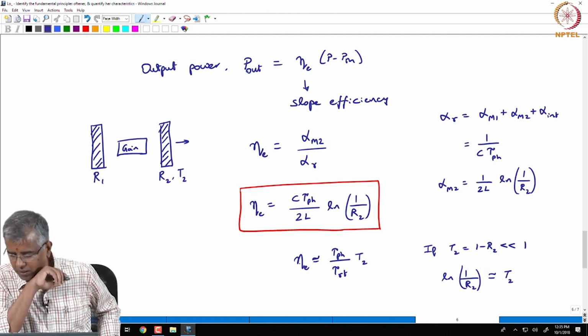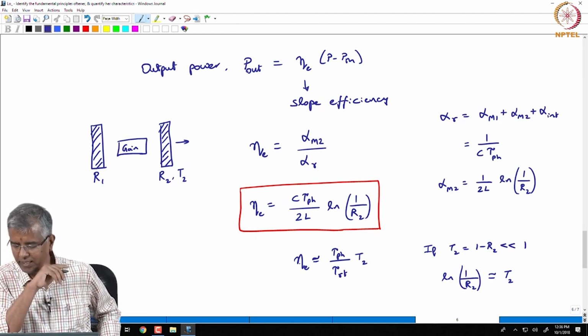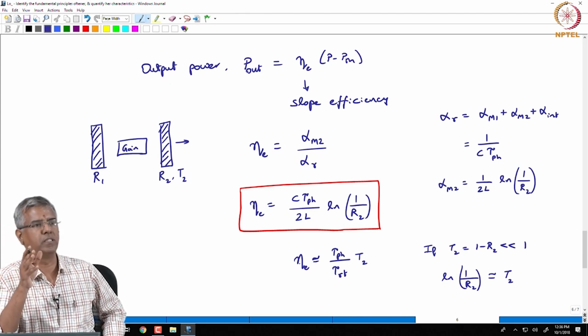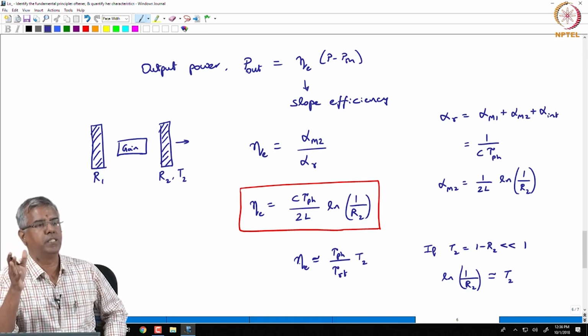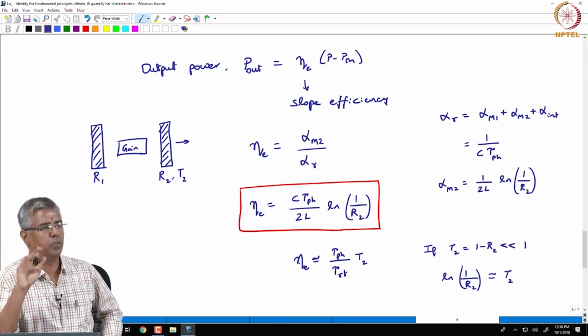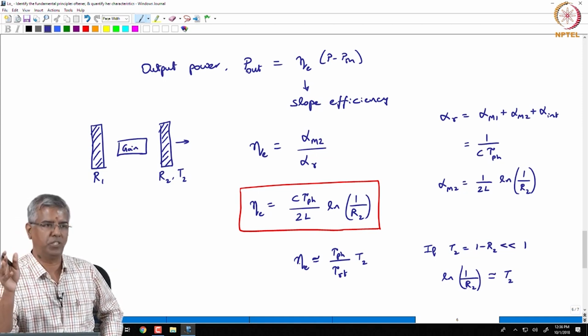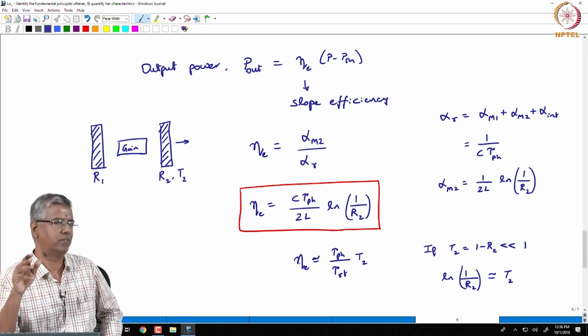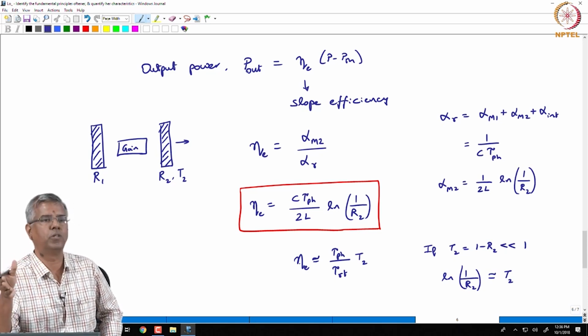So, what does that tell you? I am just writing it so that we can get a little bit of insight into this. If we want high slope efficiency, high conversion efficiency from pump photons to signal photons beyond the threshold, you lose certain energy to overcome the losses, that is your threshold pump power.